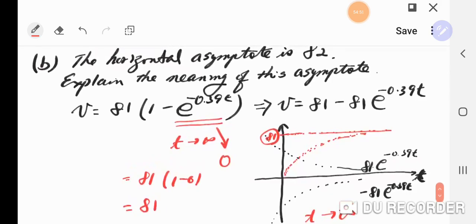So the horizontal asymptote means it's the maximum velocity as time passes. So the speed will approach 82 but never exceed it.